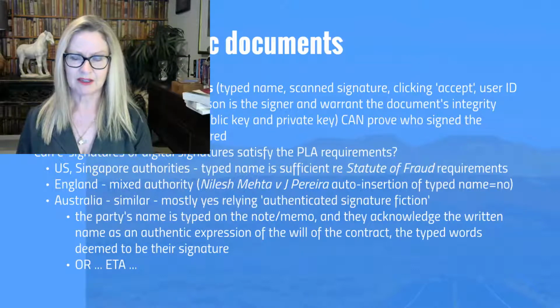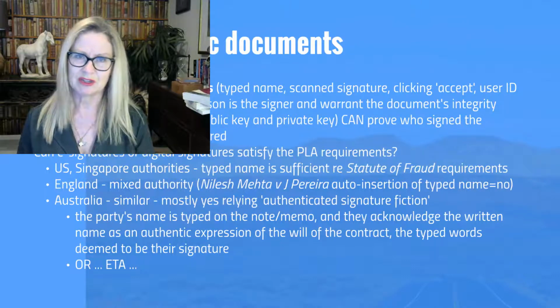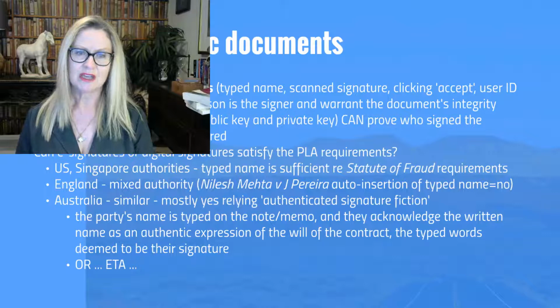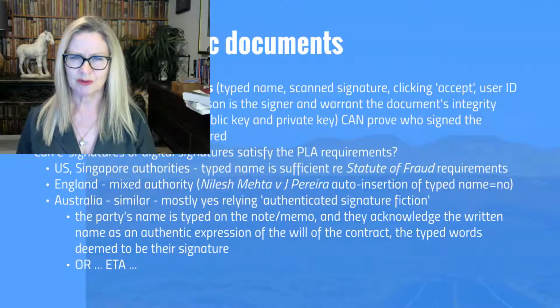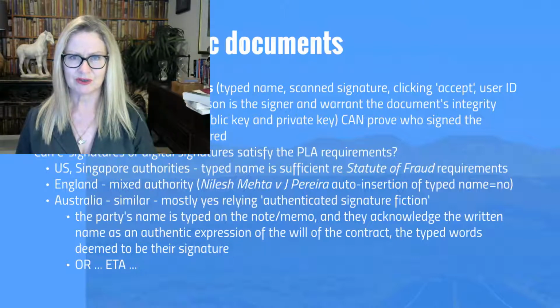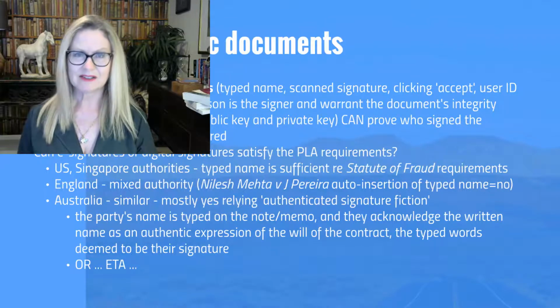Useful little device, but generally speaking, now that electronic exchange of documentation and electronic signature is becoming such an accepted form of doing transactions and business, forming contracts, there's not a whole lot of problem with electronic signature nowadays.